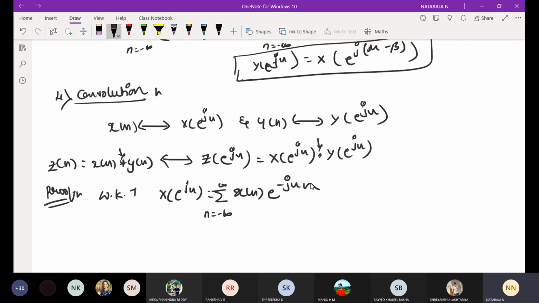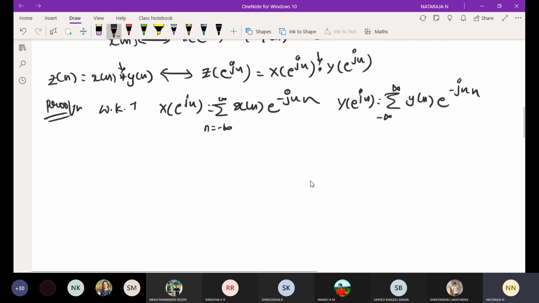Similarly, y of e power j omega is equal to summation minus infinity to infinity y of n e power minus j omega n. Then, if I take z of e power j omega, it is equal to summation n equals minus infinity to infinity z of n e power minus j omega n.